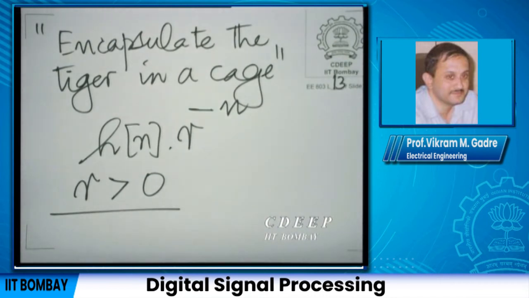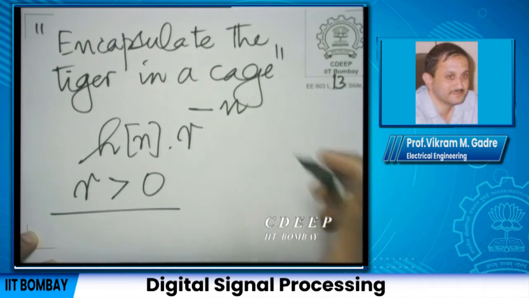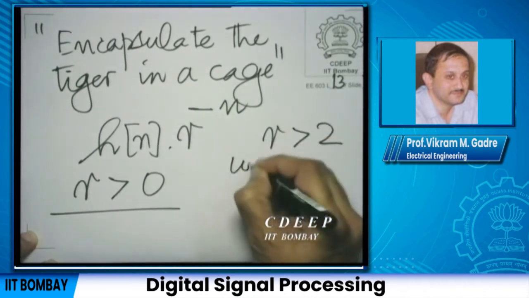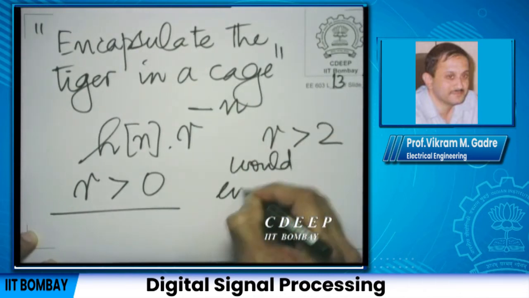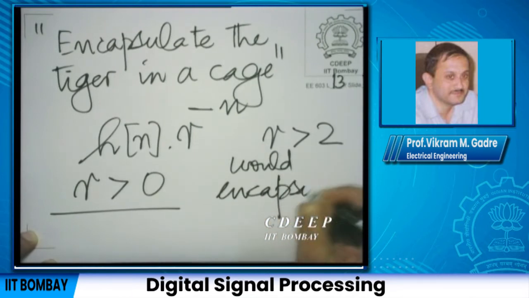So, for example, here if you happen to multiply this sequence by any such exponential where r is greater than 2, it would get encapsulated, isn't it? Here r greater than 2 would encapsulate the tiger.